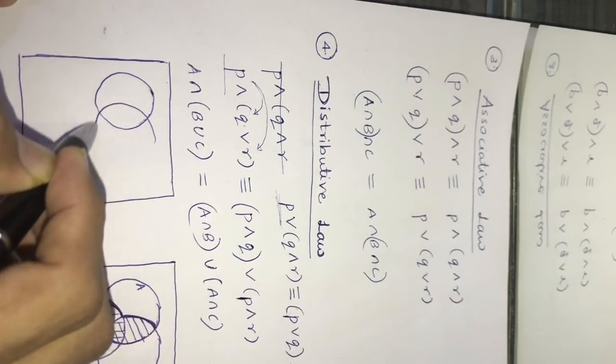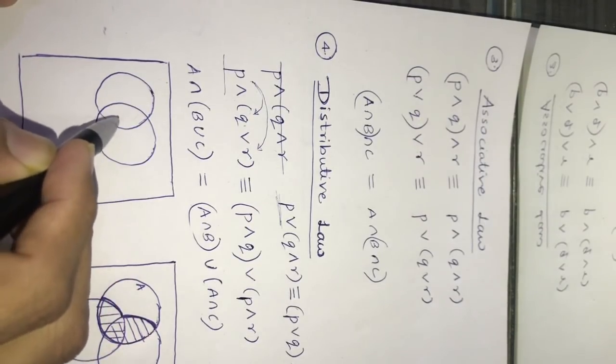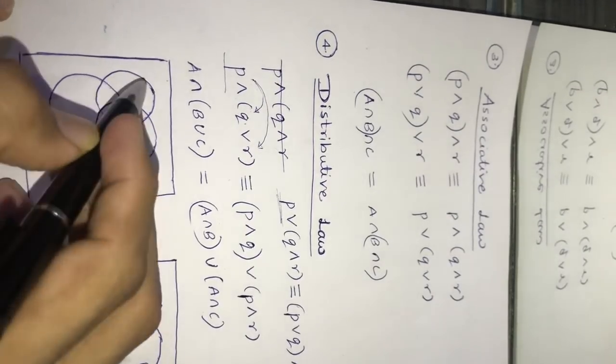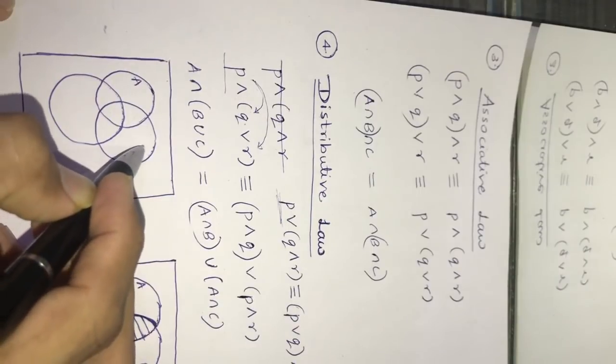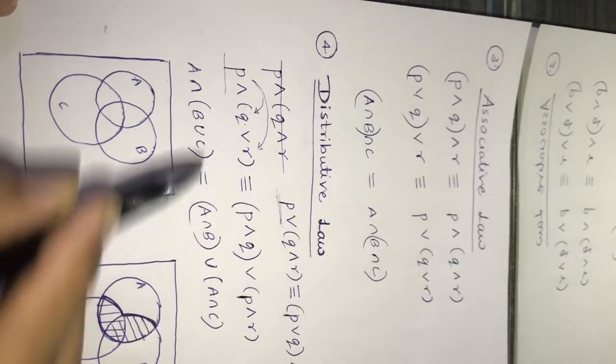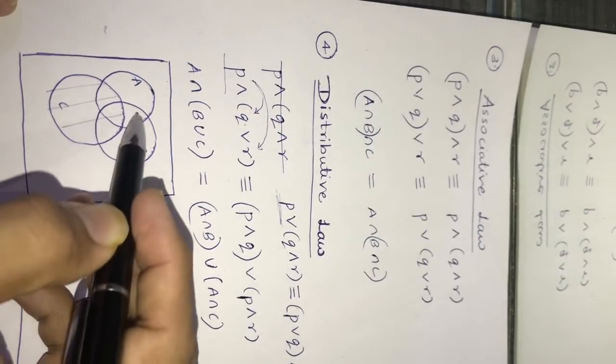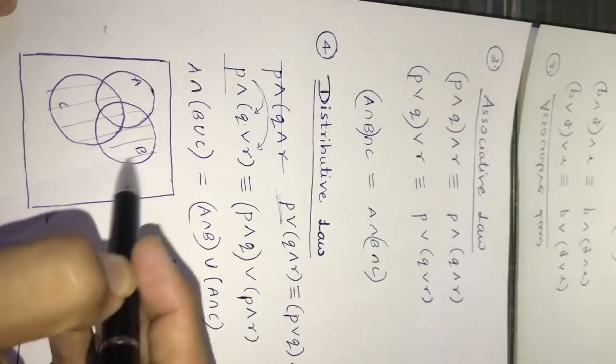Okay, so this is how again we are going to create circles. We have A, B, C as 3 sets, and what I want is A intersection (B union C). So this is B union C, right?